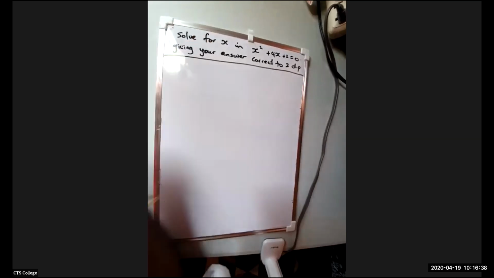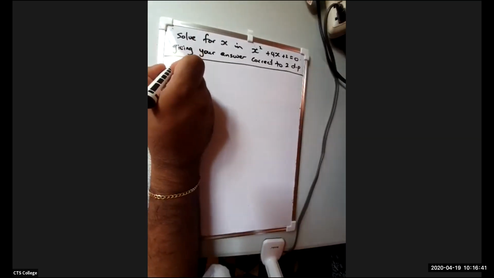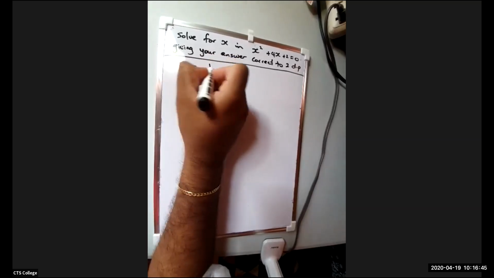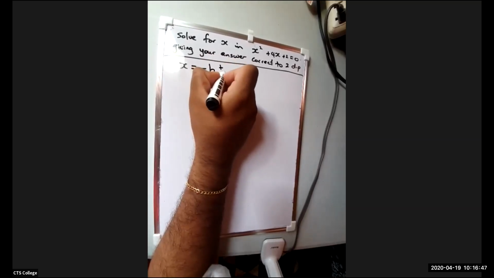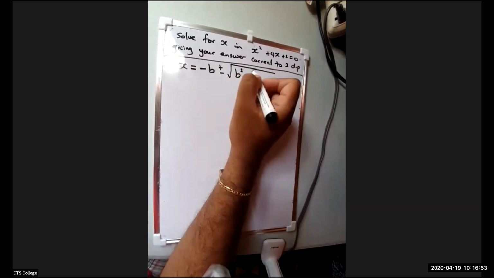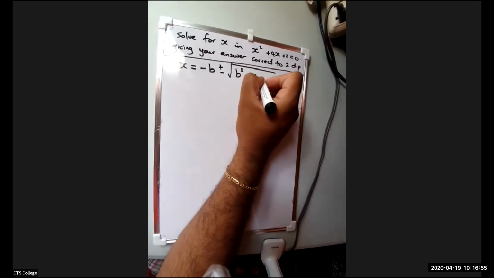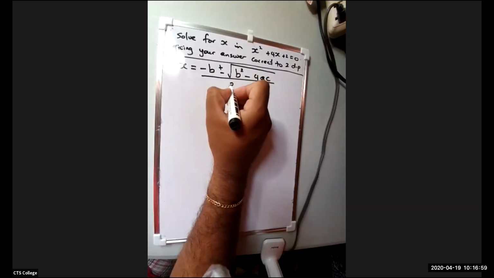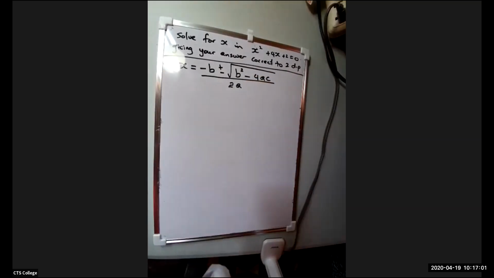So the first thing you want to do is state your formula. We know that x is equal to minus b plus or minus the square root of b squared minus 4ac all over 2a.